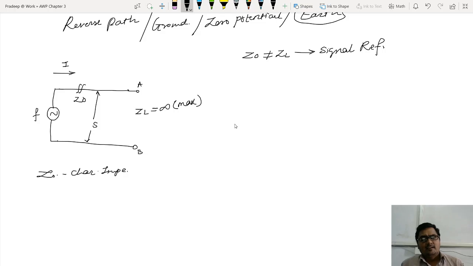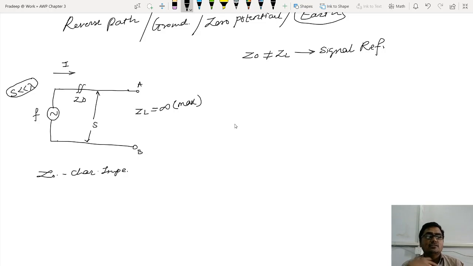Now, as I am applying some signal, S has to be very much less than lambda, then only the transmission line will work fine. You have to satisfy this. Basic transmission line theory says that the spacing between the wires should be very small compared with lambda.